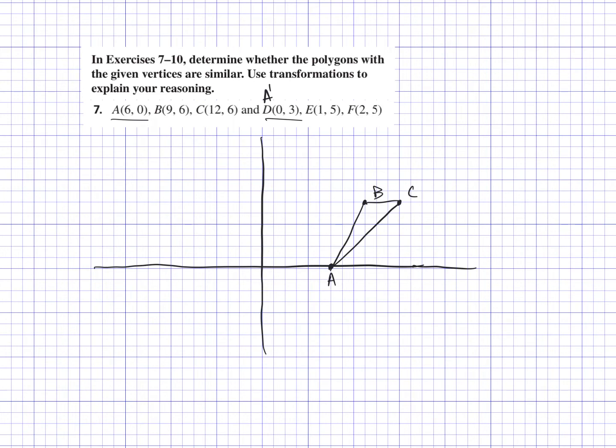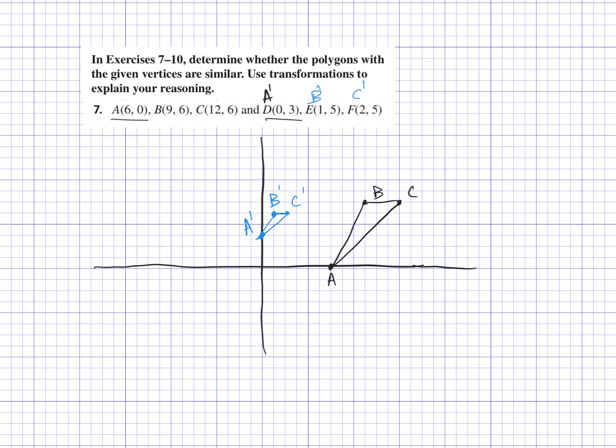So we'll say A prime is at 0, 3, and B prime's at 1, 5, and C prime is at 2, 5. Okay, well, they definitely look similar.